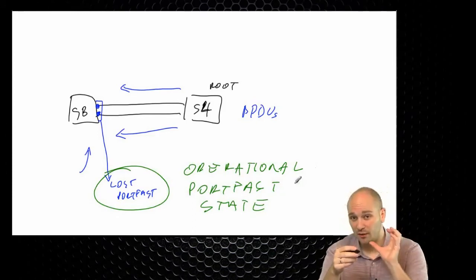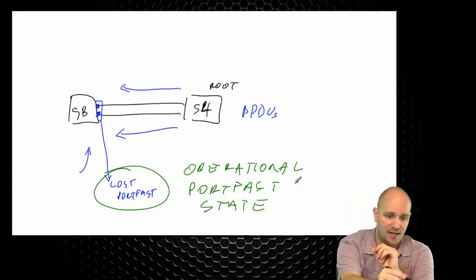This is how the interface actually behaves right now. And this idea of an operational Portfast state is very important for one reason only, that there are other features on Cisco switches that depend on the operational Portfast state of the port, not on the administratively configured state on the port, but instead on the actual operational Portfast state.